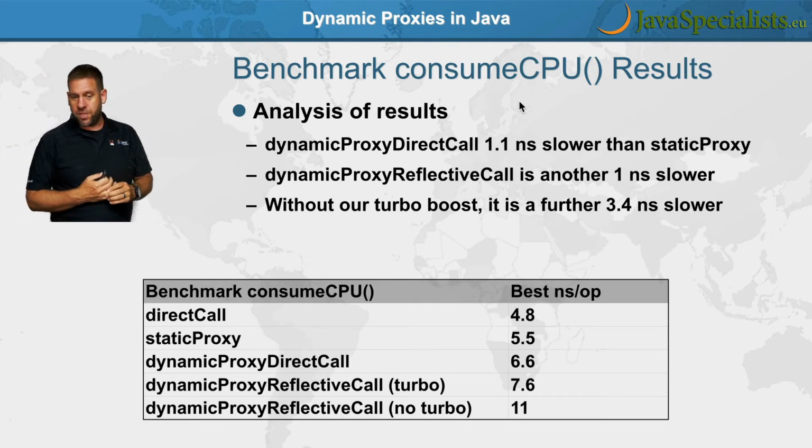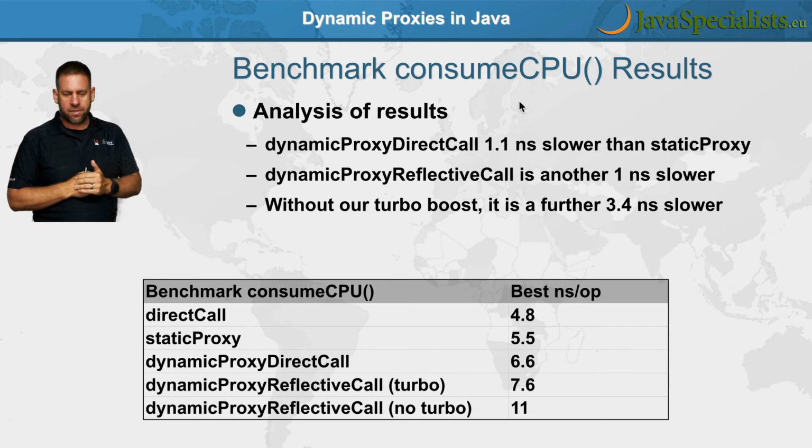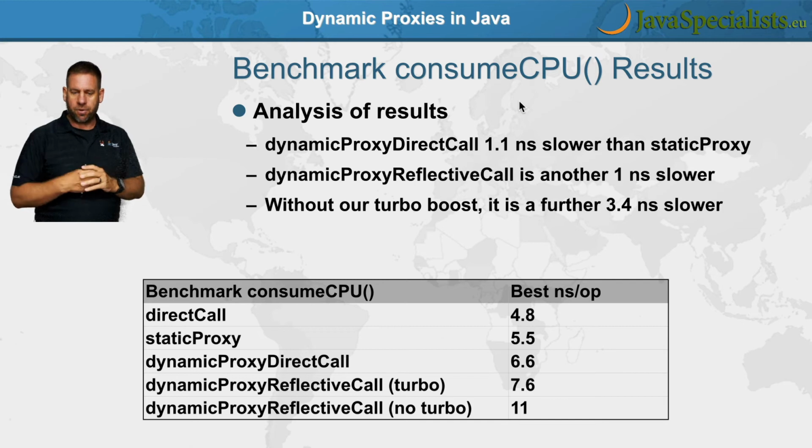Then the consume CPU, we can see the direct call 4.8, static proxy 5.5, dynamic proxy direct call just a bit more 6.6, and then the dynamic proxy reflective call 7.6. And if you want to compare anything, you want to compare the dynamic proxy reflective call turbo versus static proxy. And you can see there's like a 2.1 nanosecond performance degradation per call.